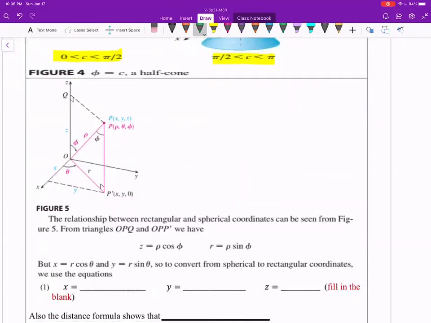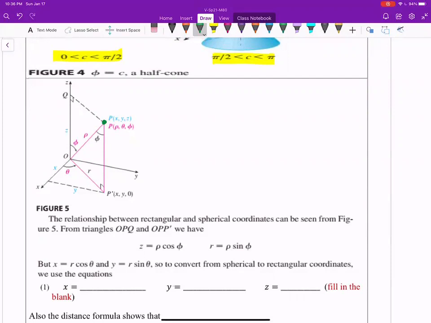Now we'll see this figure and we can get more ideas about converting Cartesian coordinates x, y, z to spherical coordinates. So here we know that P has Cartesian coordinates x, y, z, and we are going to convert that to rho, theta, phi and vice versa.